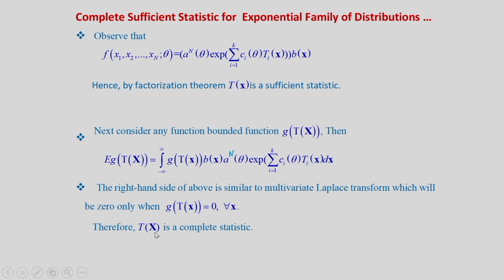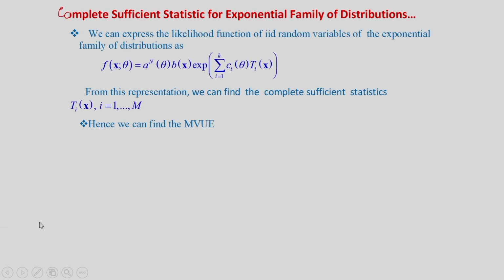So, we saw that T(x) is not only sufficient, but it is also a complete statistic. Now, given the complete sufficient statistics for the exponential family of distribution, we can find the sufficient statistics in this term itself. We can express the likelihood function of IID random variables of the exponential family of distribution like this: f(x; theta) is equal to a to the power n theta into b(x) into exponential of summation ci(theta) ti(x), i going from 1 to k.